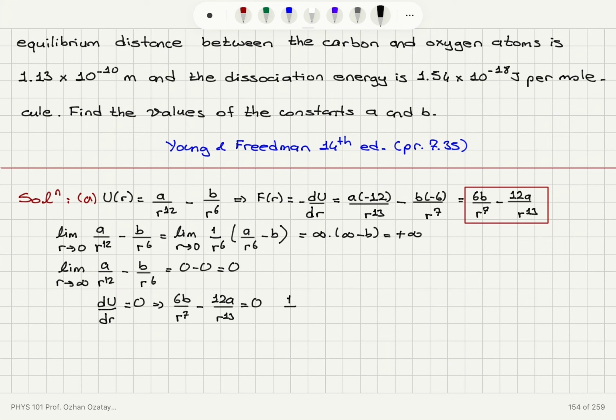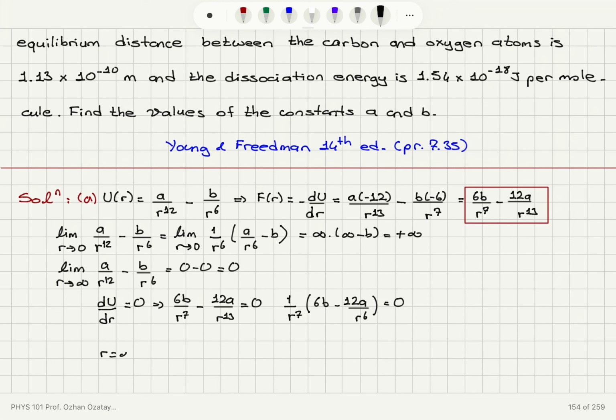So 1 over R to the 7 times parentheses, 6B minus 12A divided by R to the 6, equals 0. So this has the following solution.